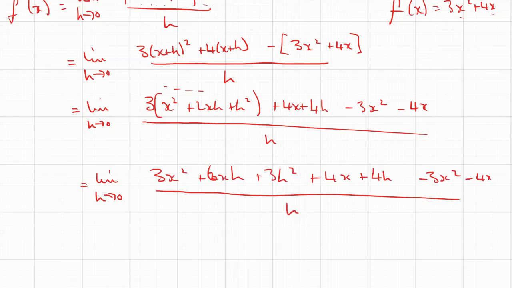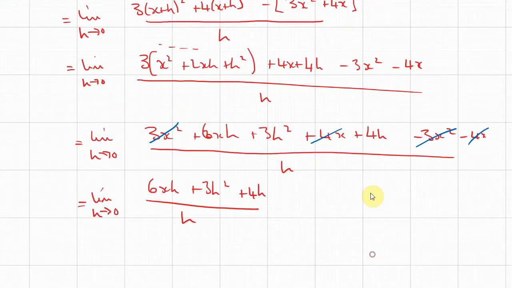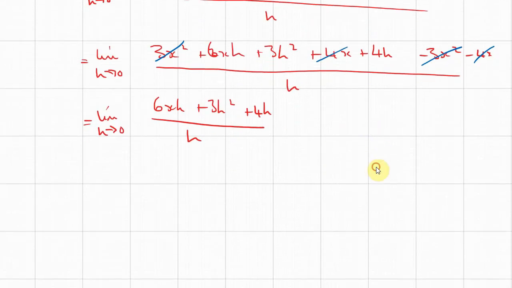Let's cancel some stuff out. We've got a minus 3x squared and a positive 3x squared. We've got a minus 4x and a positive 4x. So going down, let's see what we've got left: 6xh plus 3h squared plus 4h. Our x's should pretty much all cancel. Anything that isn't connected to an h should really disappear, and we know we're on the right lines.